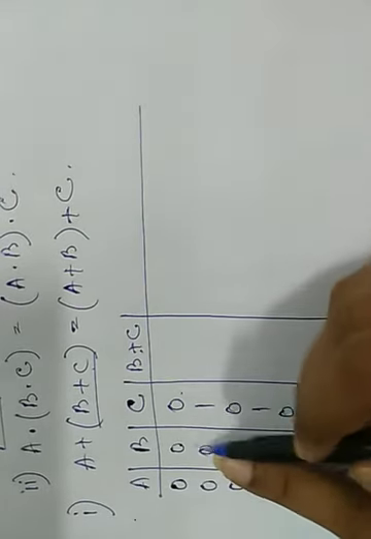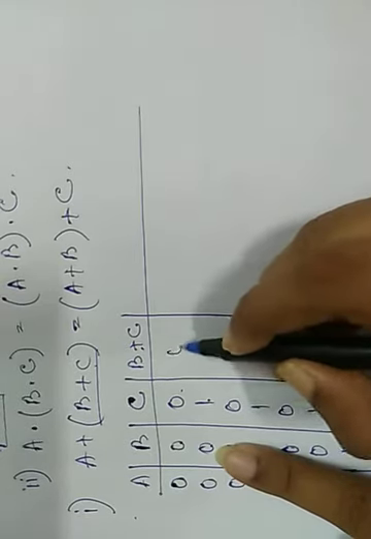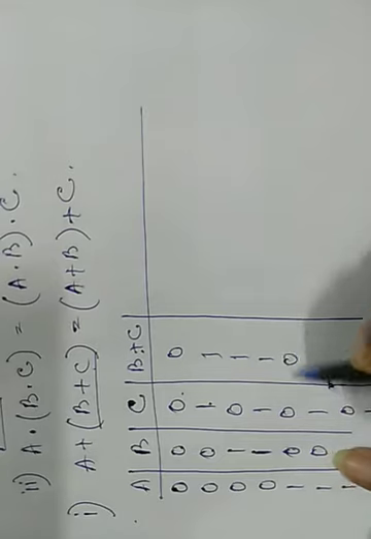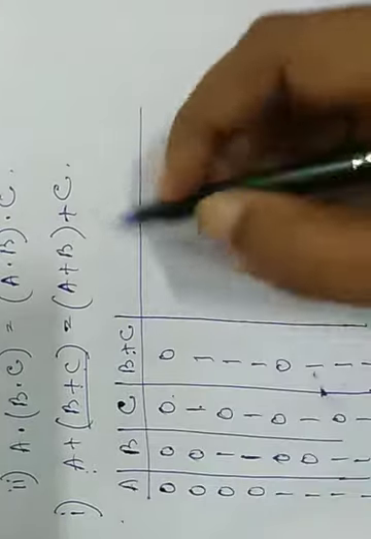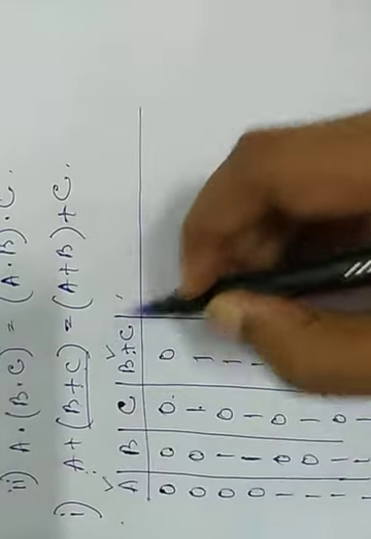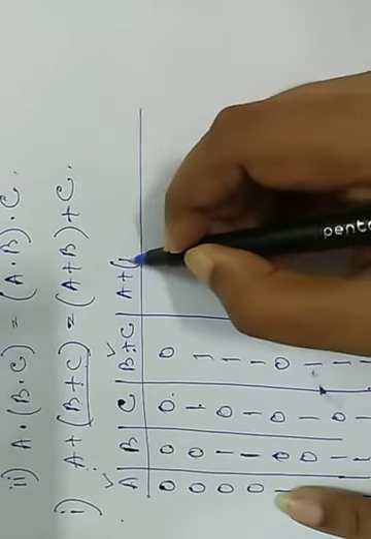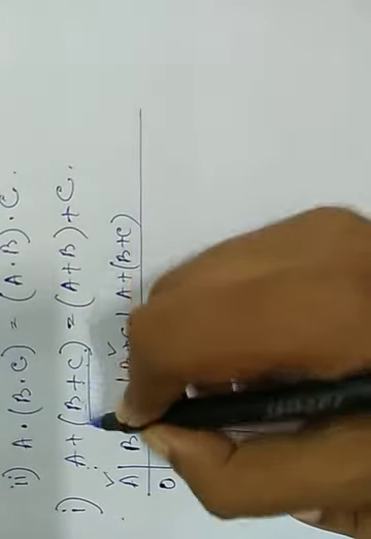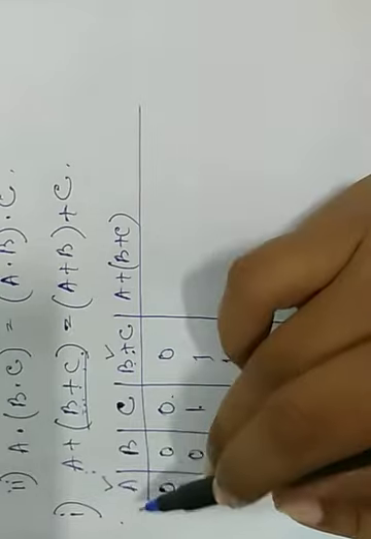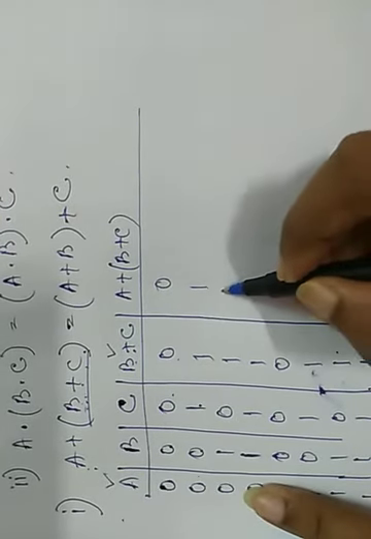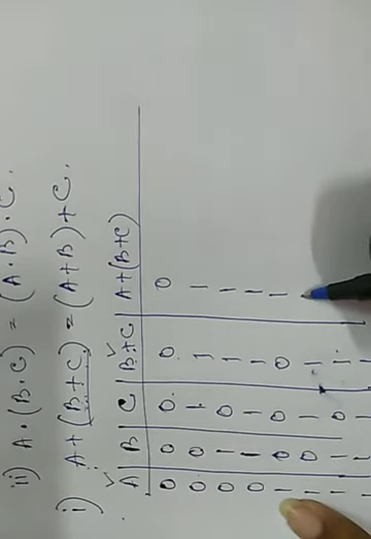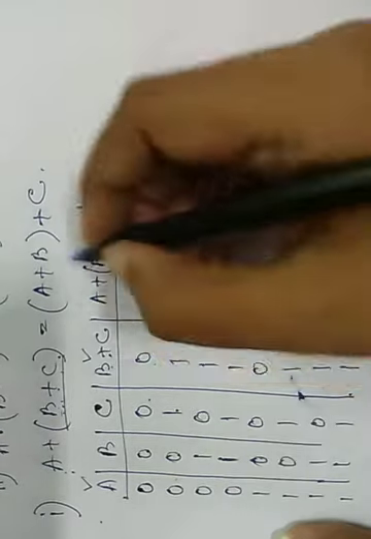B plus C means OR operation, having a single one the output is 1, so that is 0 1 1 1 0 1 1 1 for B plus C. After that we have to do the OR operation of A with B plus C. Here B plus C is within brackets, so we first do B plus C, then the OR operation with A. So A is 0, 0, 1 means 1, 0, 1 means 1, 0, 1 means 1, and the rest are 1. So this is our left hand side.